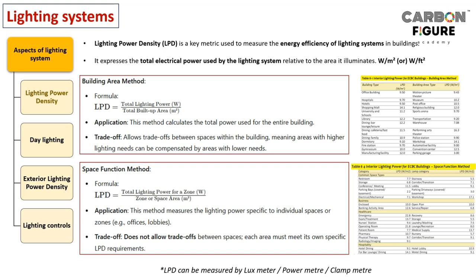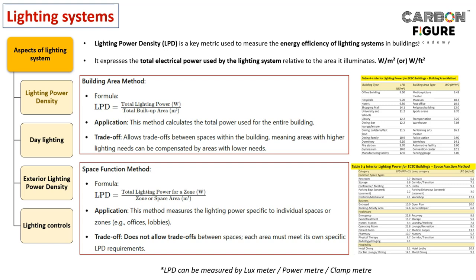For each space or zone, how much lighting power is being used, divided by that zone or space area. So this method measures the lighting power specific to individual spaces, right? Here it does not allow trade-offs between spaces. Each area must meet its own specific LPD requirements.